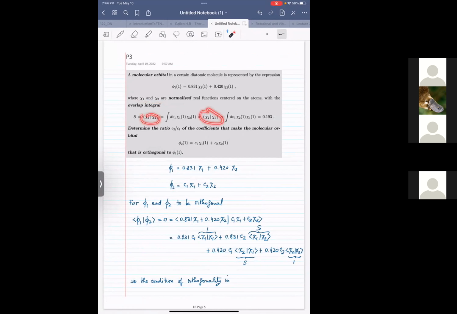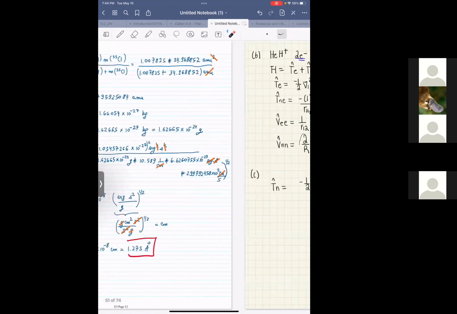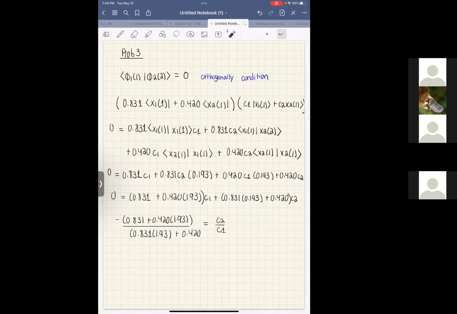So this is going to be equal to 1, which is shown here.